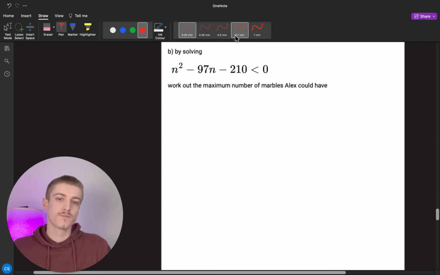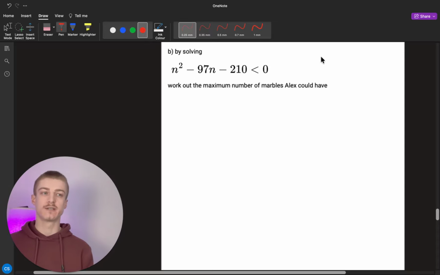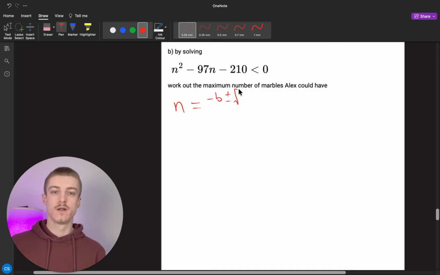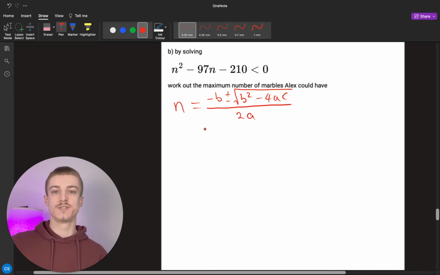If we do the positive first, I use this as a positive in the calculator, and then next I will use the negative in the calculator. The positive comes out to be 99.119, and the negative minus 2.119.